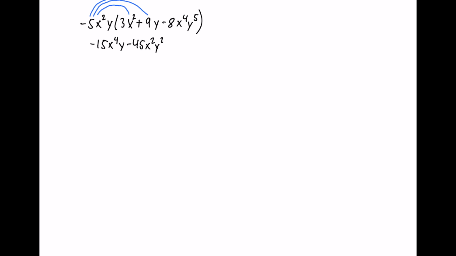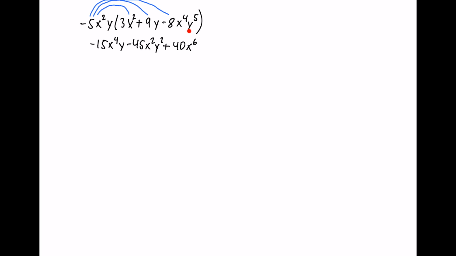Then negative 5x squared y times negative 8 x to the 4th, y to the 5th. So remember that negative times a negative will give us a positive. Then 5 times 8 is 40, then x squared times x to the 4th, 2 plus 4 is 6. So x to the 6th.